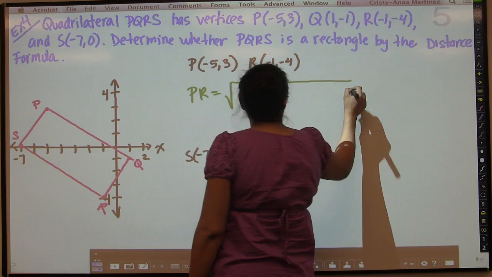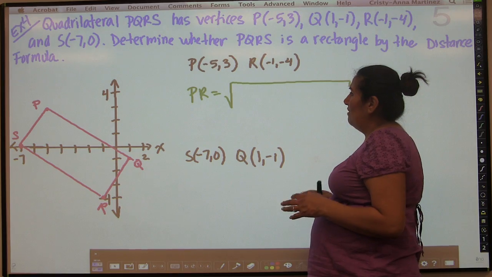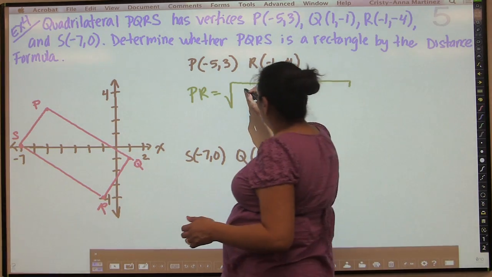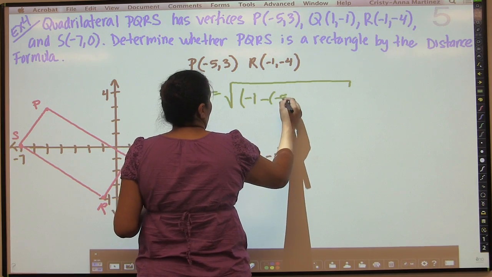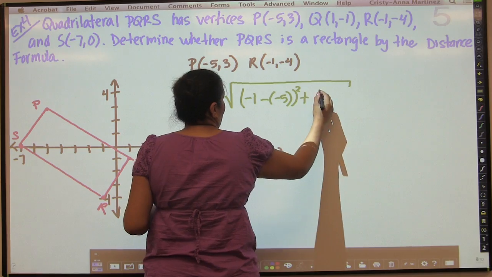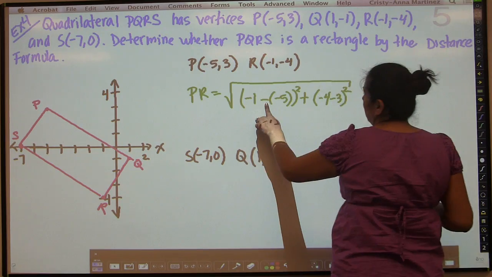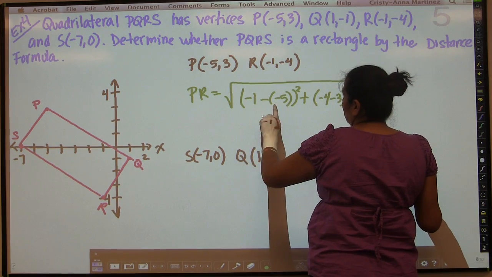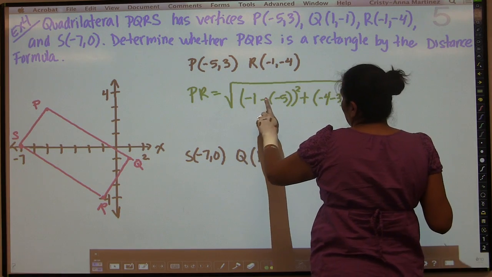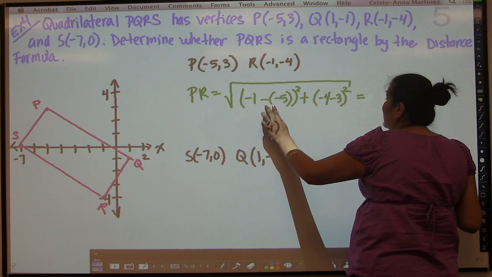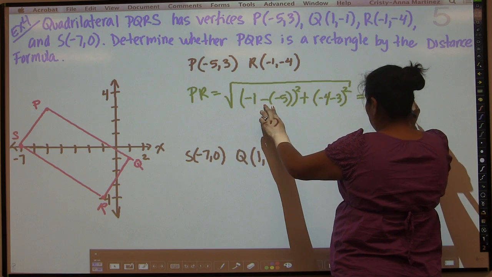The distance formula, if you remember, is going to be the difference in the x values squared and the difference in the y values squared. So I'm going to go negative 1 minus negative 5 squared, and then I'm going to go negative 4 minus 3 squared. So negative 1 minus negative 5 is negative 1 plus 5, which is 4, and then we square that.